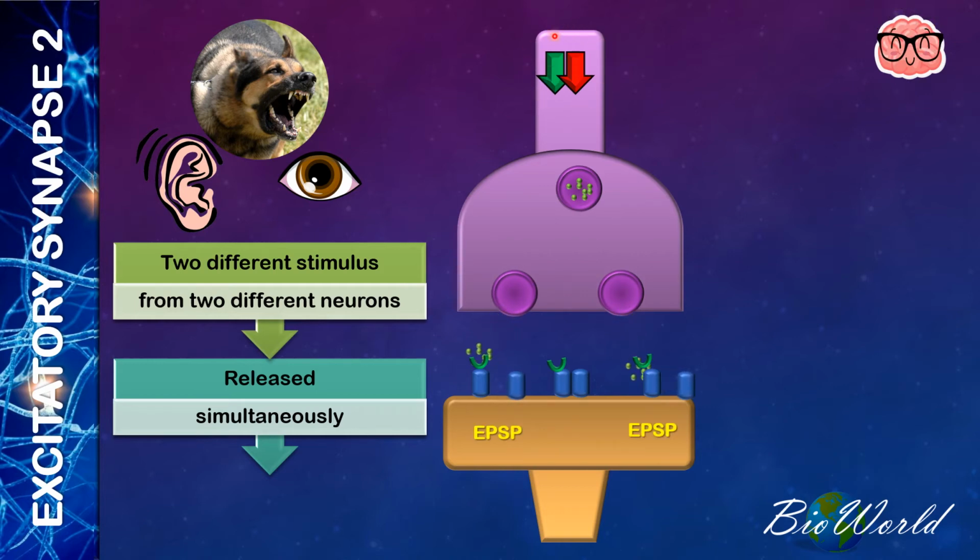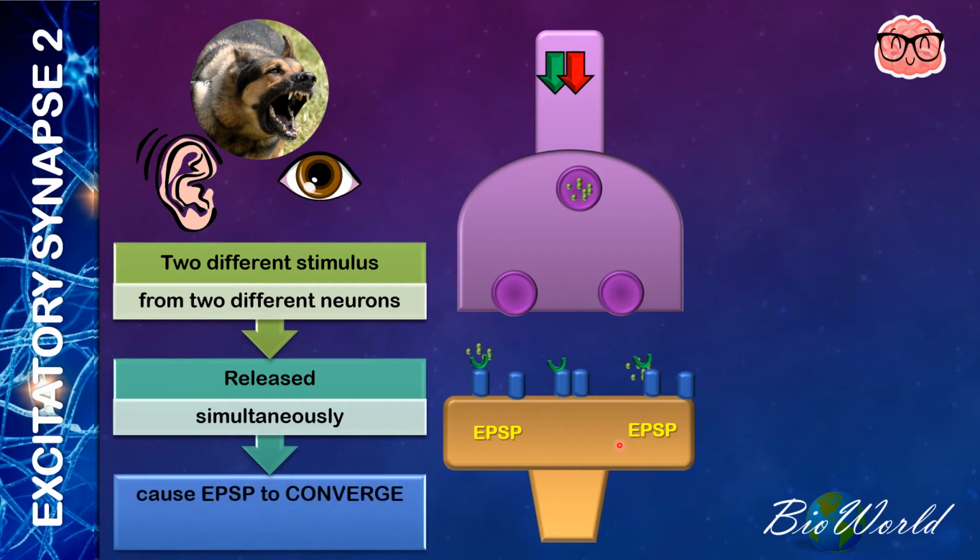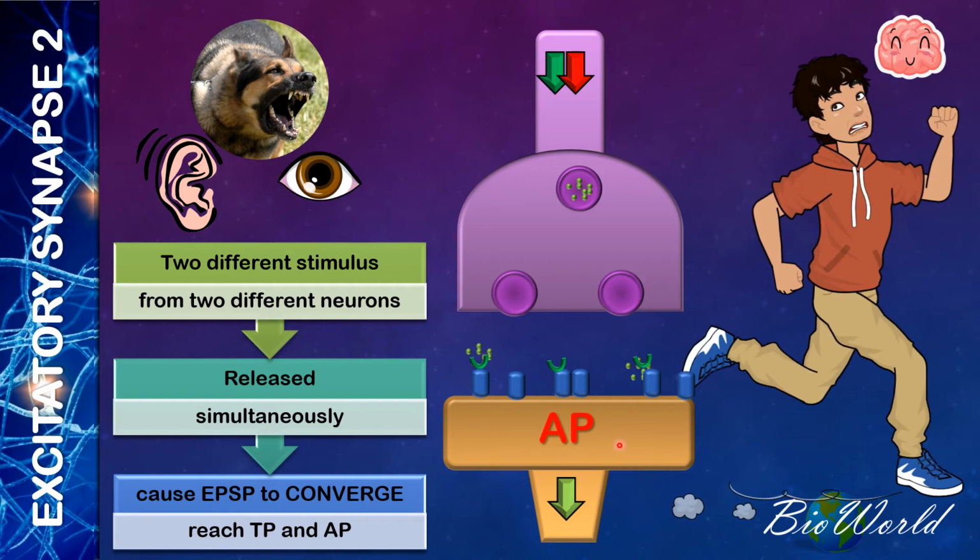Because they arrive at the same time, they cause the vesicles to move down at the same time. So a lot of neurotransmitters diffuse across the synaptic cleft and cause EPSP to form. But because this is happening at the same time, the EPSP can converge to form threshold potential and action potential. So a new stimulus is formed and causes the boy to run.